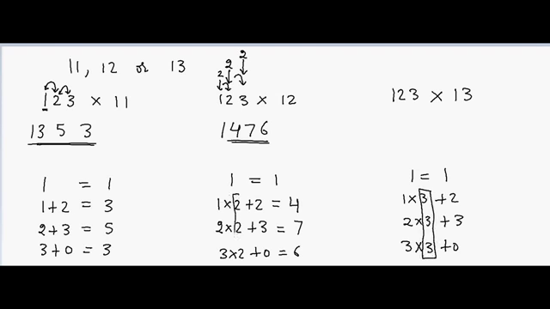Here I multiplied all the numbers by 2, and here I did not do any multiplication because it was 1. So if I add these numbers, it will be 5, 9 and 9. So the answer will be equal to 1599. That's how I'll multiply any number by 11, 12 or 13.